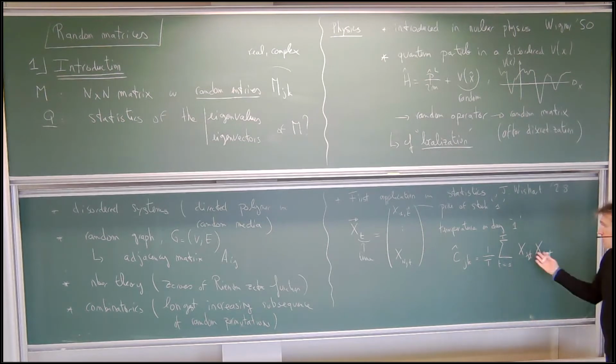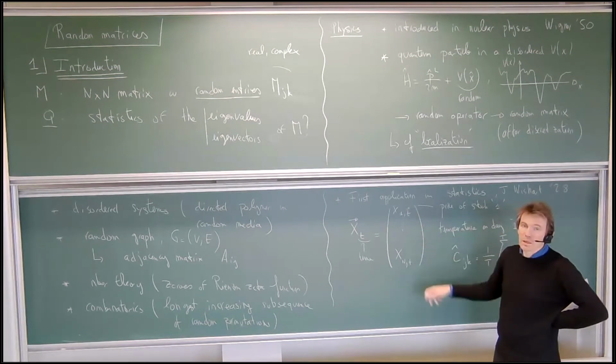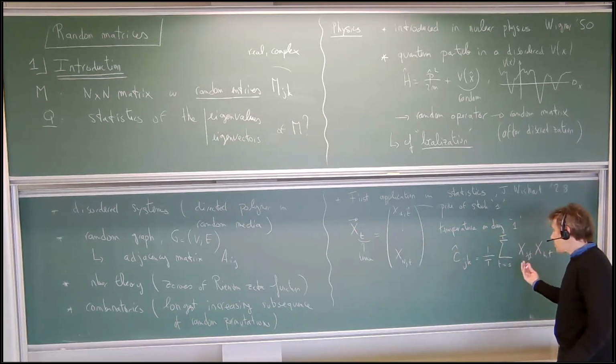That's a correlation matrix, and typically, because these objects are random, this is a random correlation matrix.